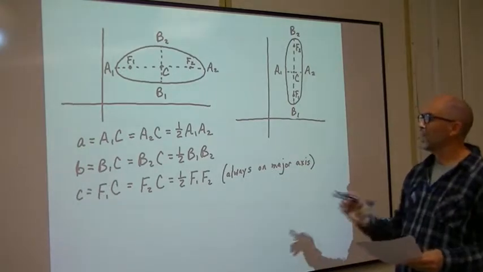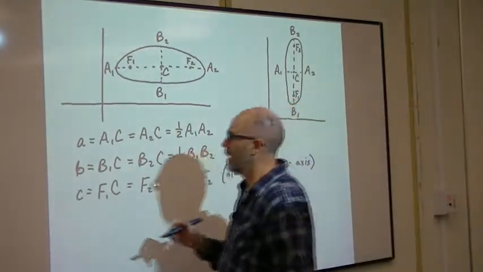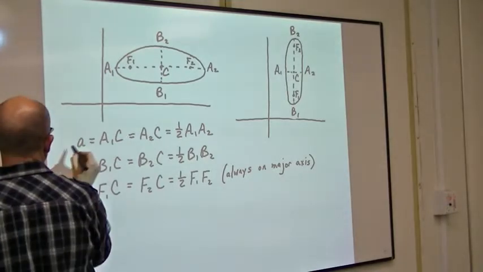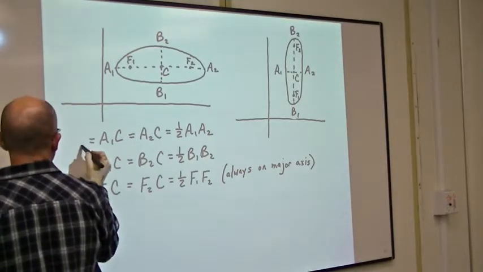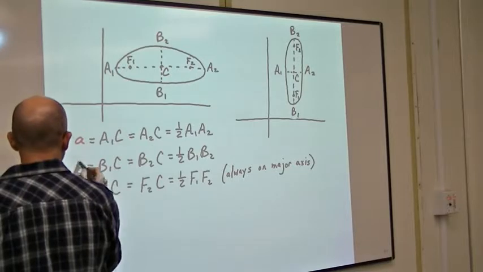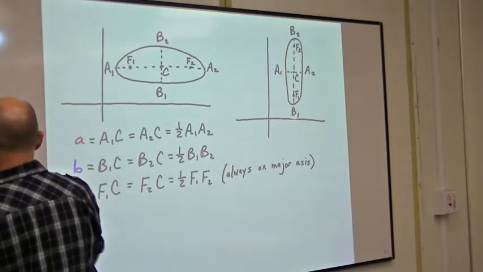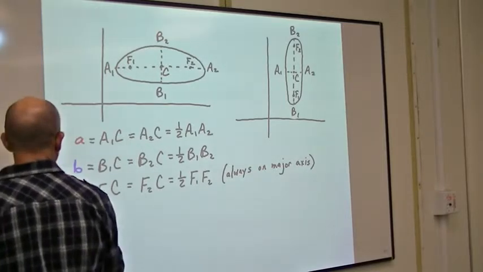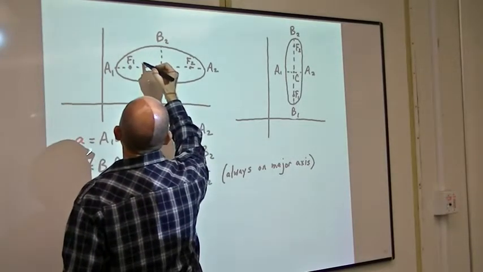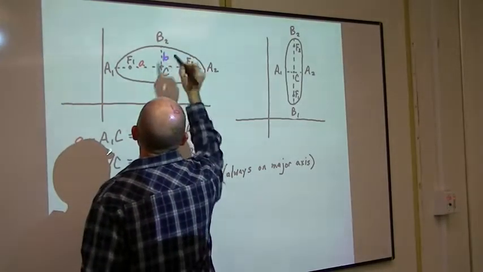Okay, now, the relationship between, well, let's just mark this now. So, okay, A is this distance right here. B is this distance right here.